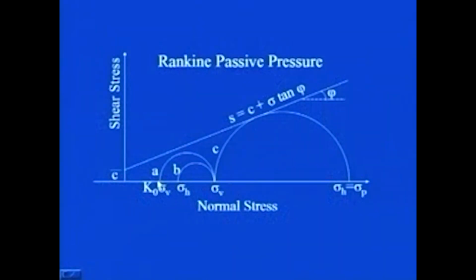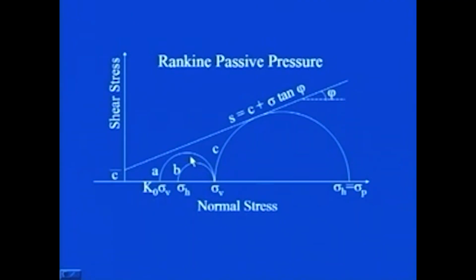If I take this Mohr circle corresponding to A, follow the pointer please, sigma V is the vertical stress at any particular depth, and correspondingly K naught into sigma V will be the lateral earth pressure at rest. You have seen that we denote that coefficient of lateral earth pressure by K naught in this case.